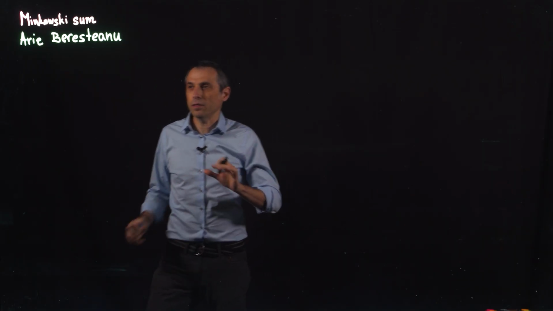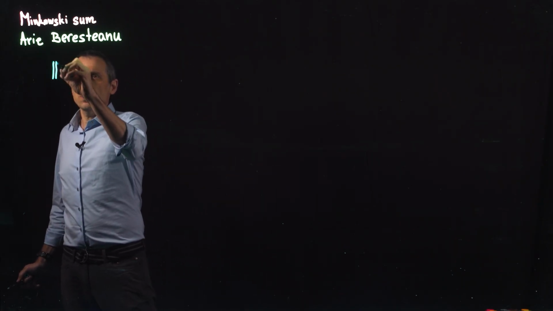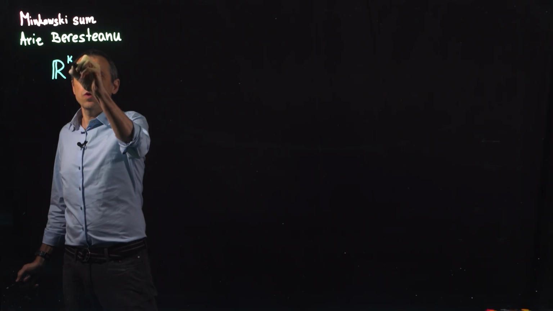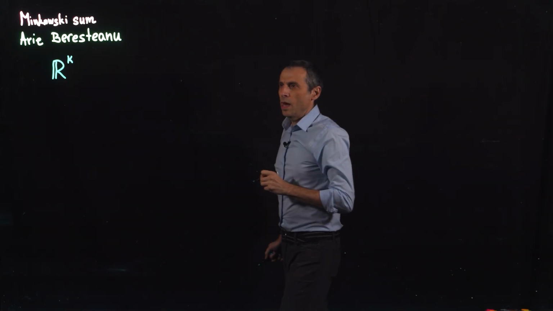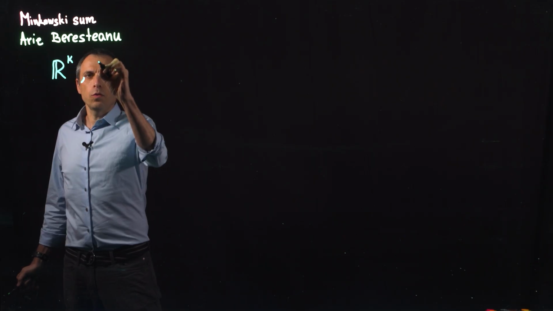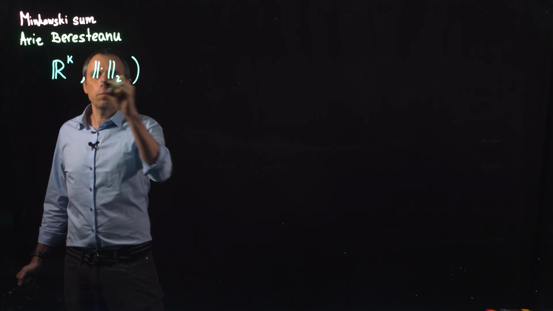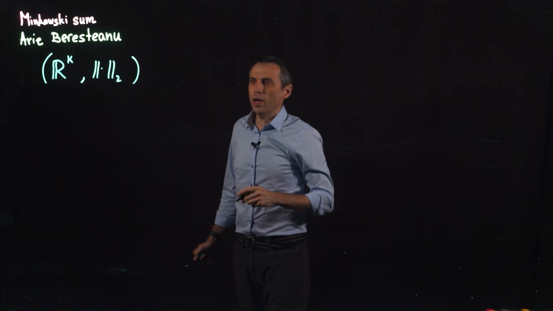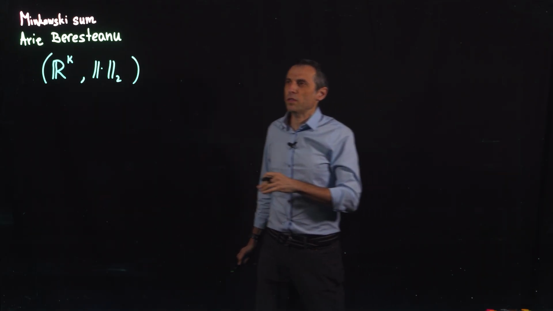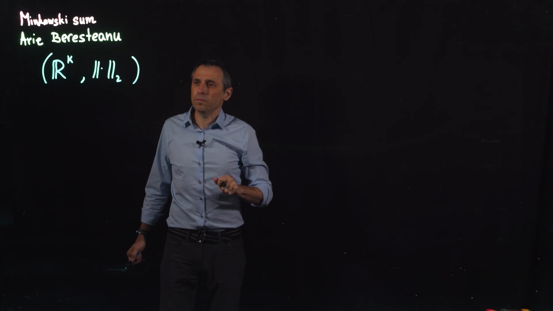is defined. We'll talk about vector space, which is R^k, the real line k-dimensional. And the distance that we will use is the Euclidean distance. Some of the terms can be generalized to more abstract spaces, but we will stay with the simple one.